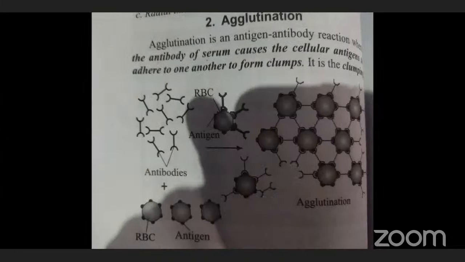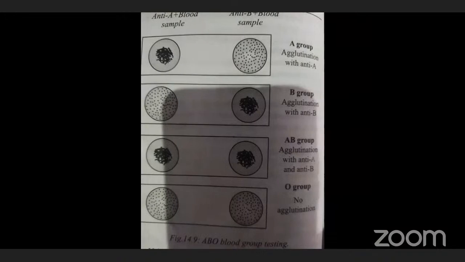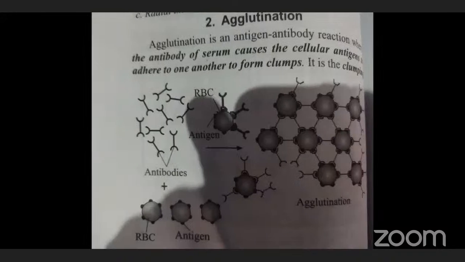Next is the agglutination reaction. What is the meaning of agglutination? Agglutination is an antigen-antibody reaction in which the antibodies of serum cause cellular antigens to adhere to one another and form clumps.